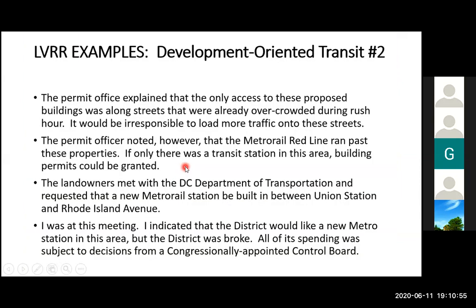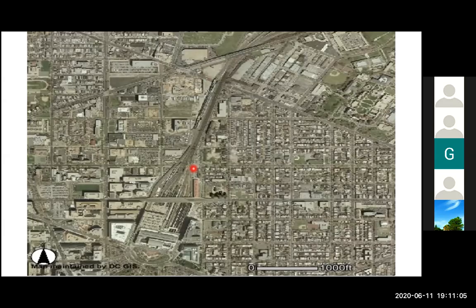So as I mentioned, the owners of that vacant land wanted building permits. They couldn't get their permit, and they went to the permit officer to say, why not? And what the permit officer said was, if you put office buildings in this area, the only way to get to them is by New York Avenue, North Capitol Street, and Florida Avenue.